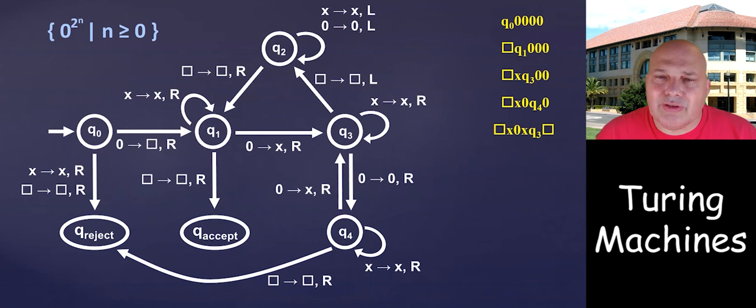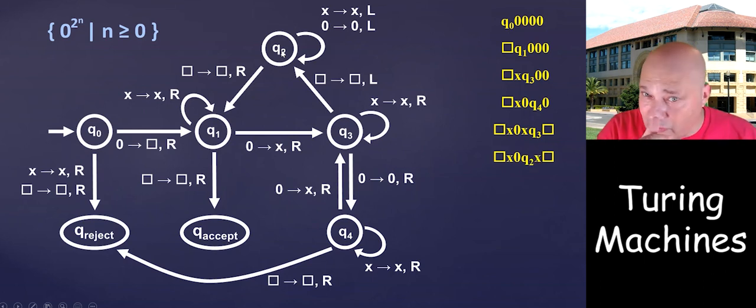You move back to Q3, and you erase the second 0 you saw, meaning that now you're at the end of your string, and you're at Q3. So now you see an empty cell, which means that you go back to Q2, and you start moving your head back all the way to Q1.